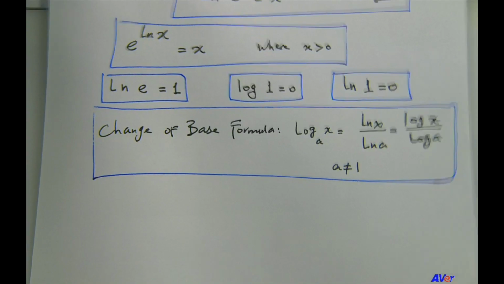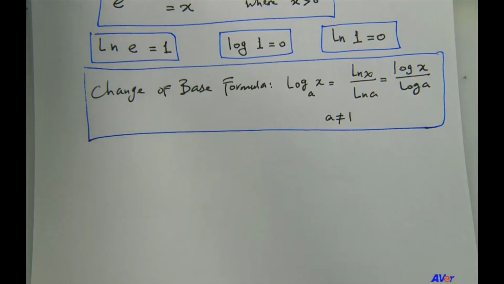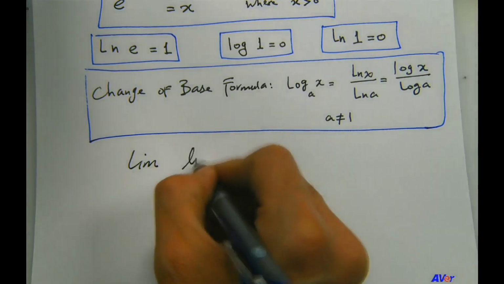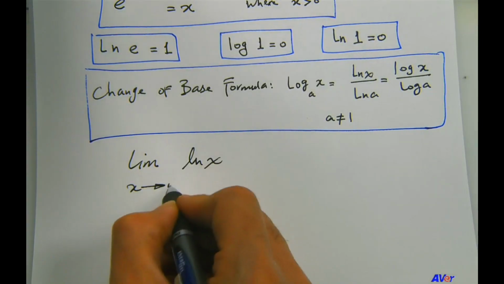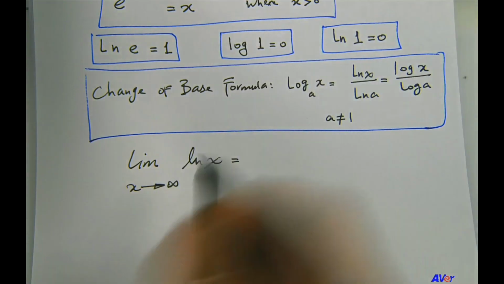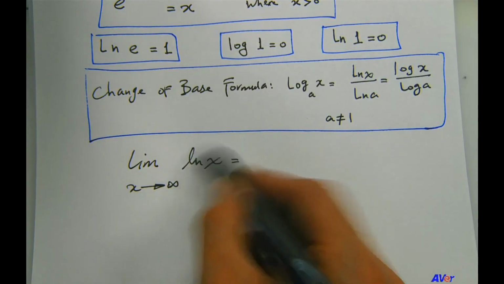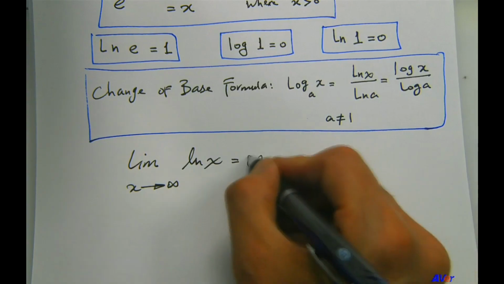A couple more properties, and we'll do some examples. So the limit of natural log of x as x goes to infinity. You already know the answer, right? It's so straightforward to see. The larger and larger the x value gets, what happens to the natural log of x? It becomes larger and larger too. So that's equal to infinity.